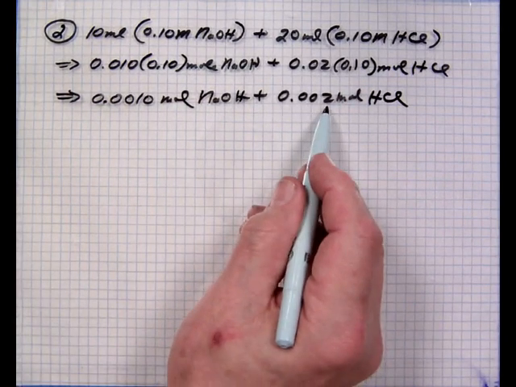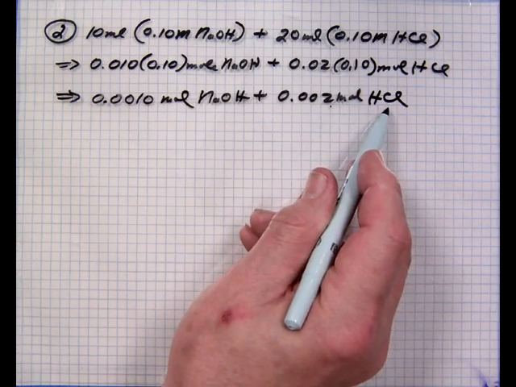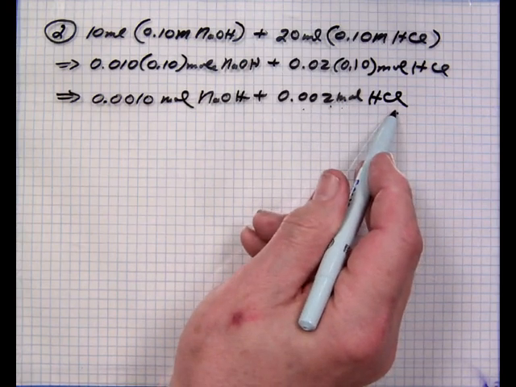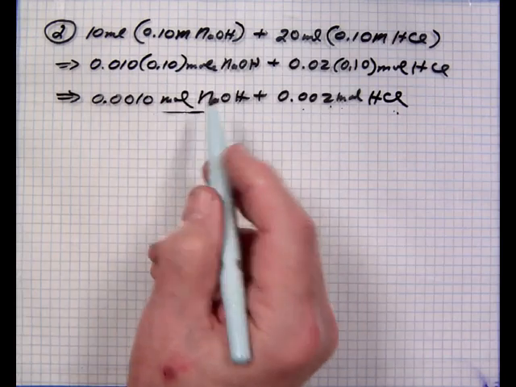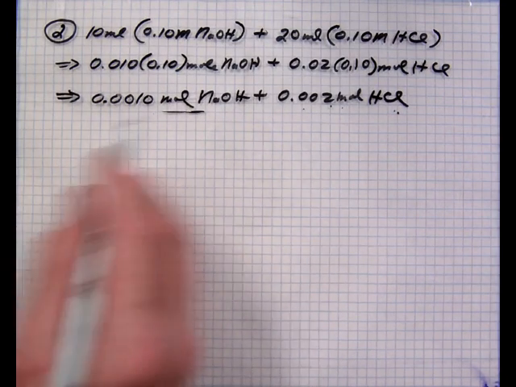Well, this is only going to take out 0.001 mole of the HCl, so we're going to have 0.001 mole of HCl remaining, because this will neutralize only 0.001 mole of the acid.